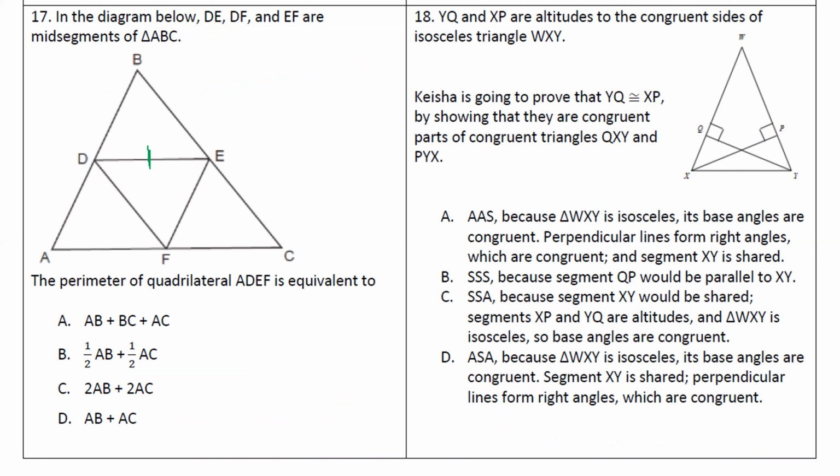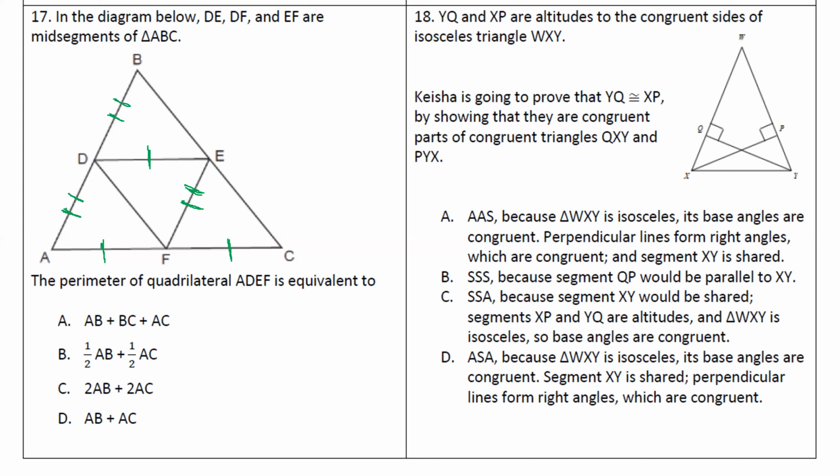Again, F is our midpoint on this line. So that means that DE, AF, and FC are all the same length. FE, this segment here, is half of AB. Again, D is our midpoint, so EF is the same length as AD and DB.